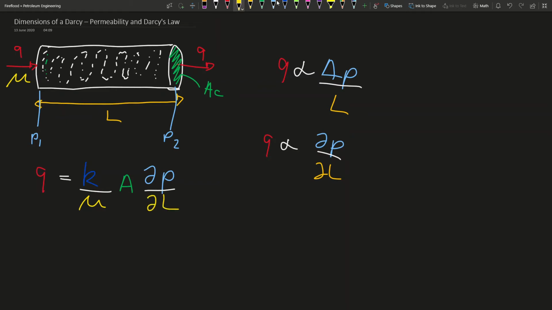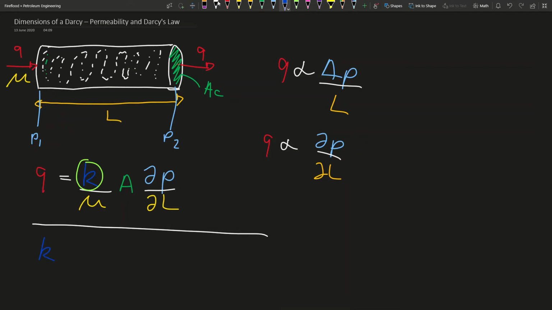Alright, so that's a lot of colors over here. So to get a better grasp on what all of these things mean, and to derive the units, the dimensions for permeability, which is this innocent looking K over here, let's actually rearrange this equation to get K on one side.